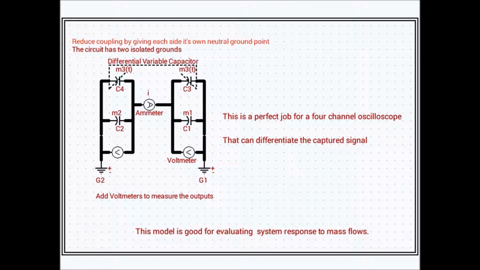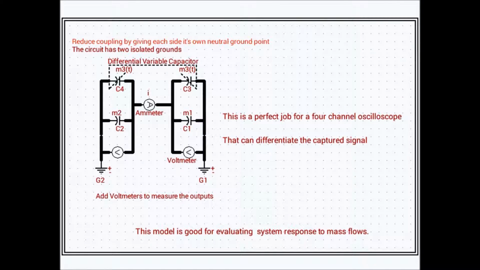And when you rotate the shaft in the opposite direction, this now goes down to 0 at the same rate that this capacitance C4 goes up to its maximum value. And it is in parallel with capacitance C2, so we have a capacitance adding again. This is the equivalent action to a mass flow from mass 1 to mass 2 in the mechanical system.